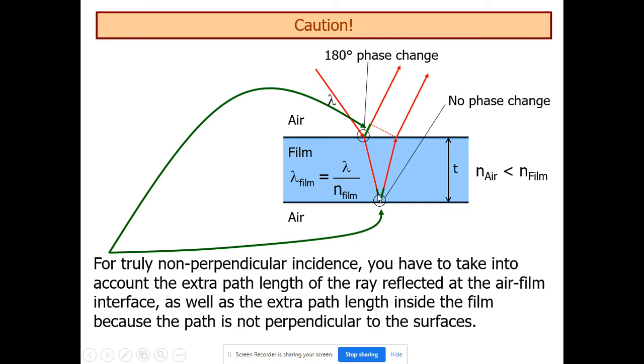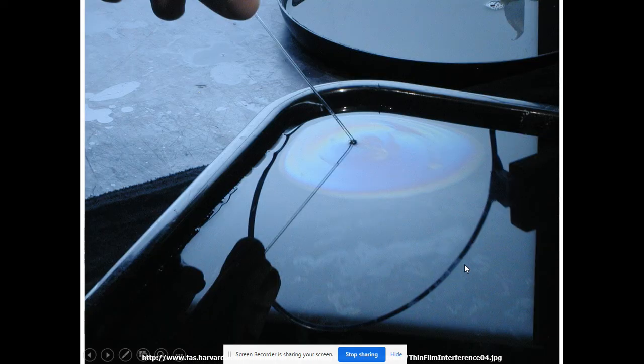Ray 1 will travel more. So for non-perpendicular incidence, you have to take into account the extra path length of the ray reflected at the air-film interface, as well as the extra path length inside the film, because the path is not perpendicular to the surface. So we have to take the caution.